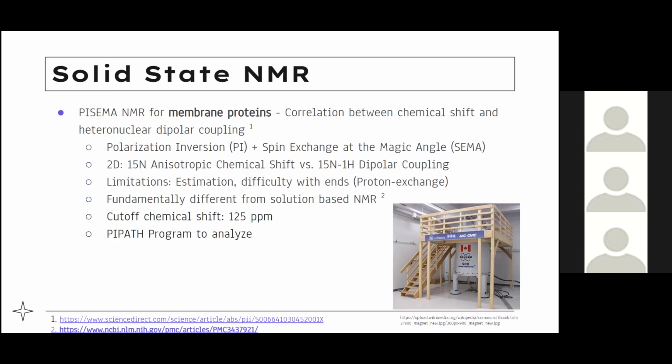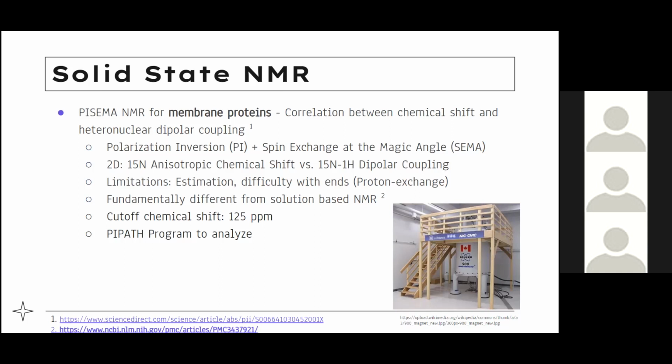That's more prevalent there. And something special about solid state NMR is it's fundamentally different from solution-based NMR because everything is more constrained since it's in a supported solid, whereas in a solution, everything can move around and be more dynamic.